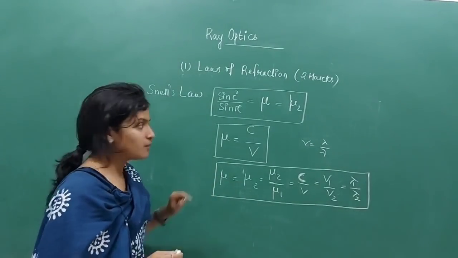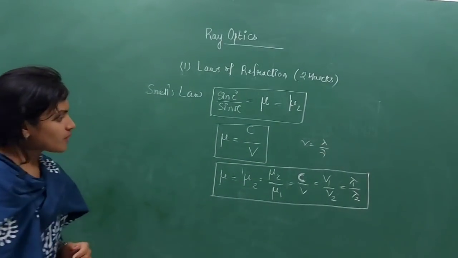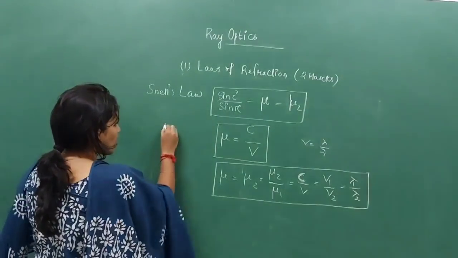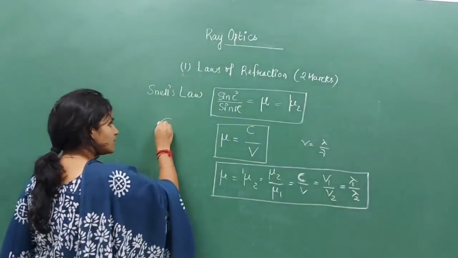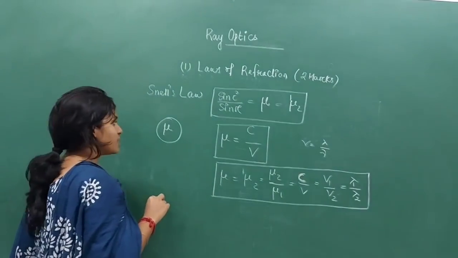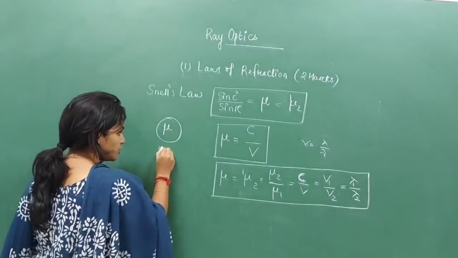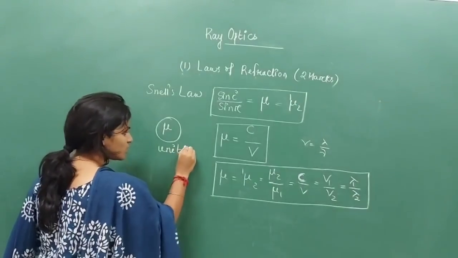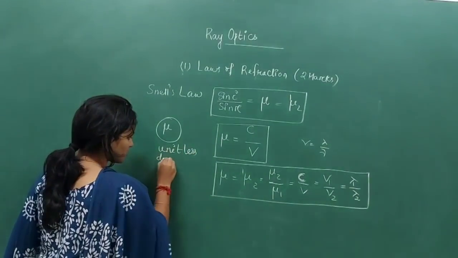So remember this part. The refractive index of a medium is a unitless and dimensionless quantity. Remember this, it has no unit and no dimension.